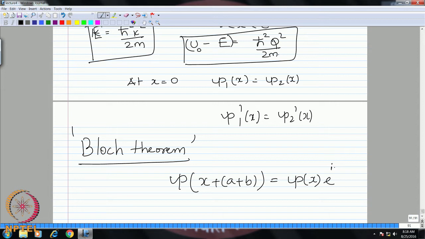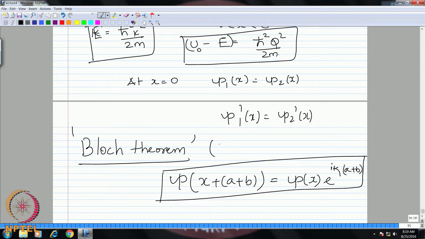Now, I am going to use kappa here. This is another wave vector, not to be confused with k and q. So, this is your Bloch's theorem without going into the details of its derivation.